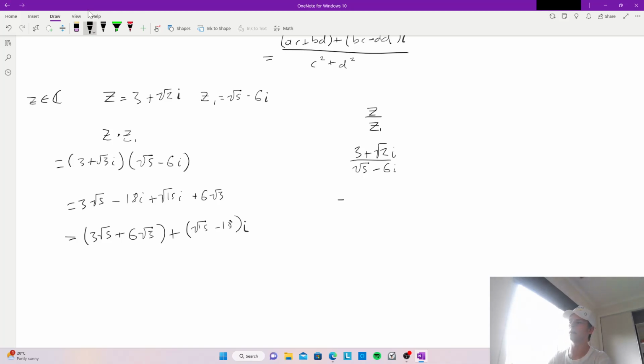And then our next step is to multiply by the conjugate of the denominator, which will just be equal to 1 because you do times the numerator by the conjugate and the denominator by the conjugate. Multiply by square root 5 plus 6i over square root 5 plus 6i.